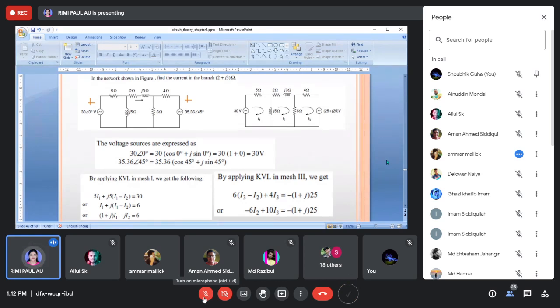Through which component is I3 going? 6 ohm plus. Don't say 6I. Just tell me the resistance or capacitor, voltage source or whatever.